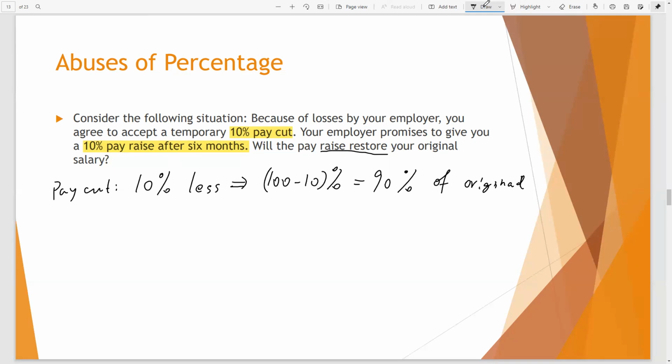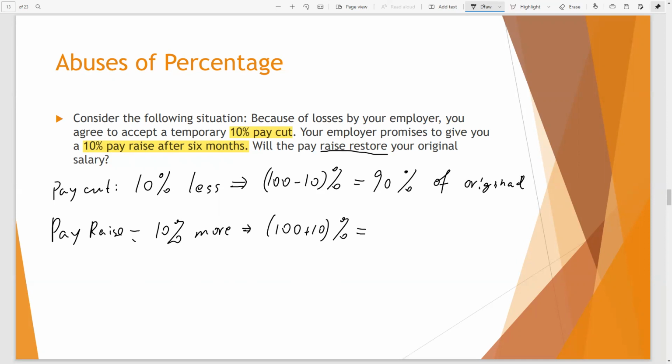Then the promise to rise back means a 10% pay rise after 6 months. When we say pay raise, that's 10% more, which means 100 plus 10, as we saw in the previous slide and previous two examples.